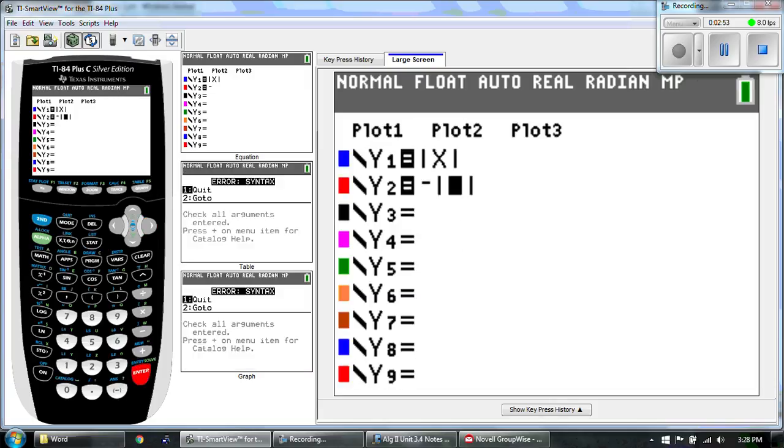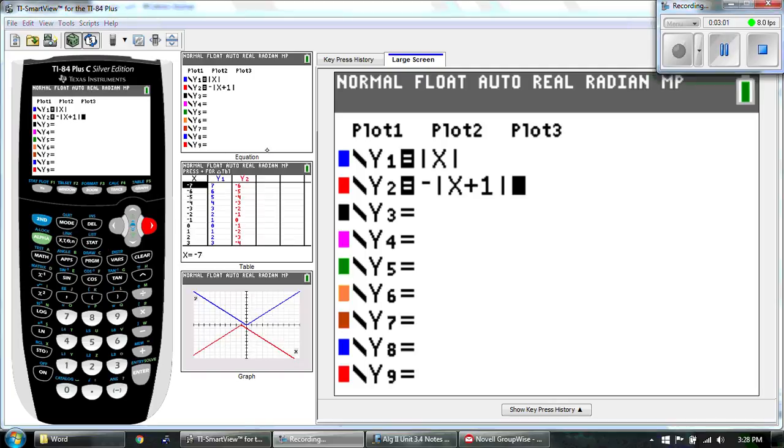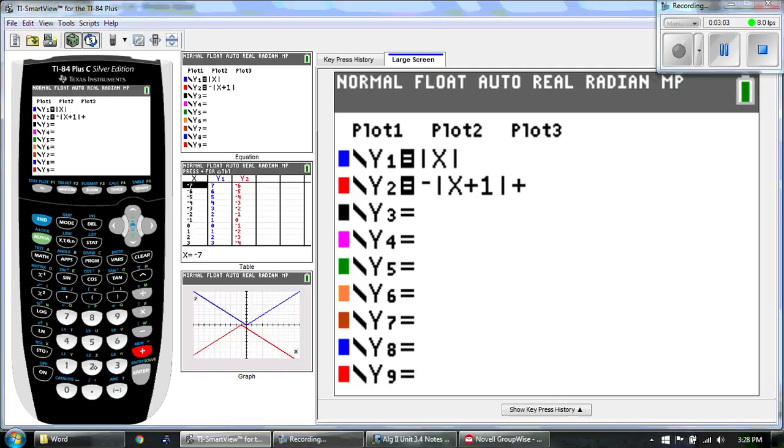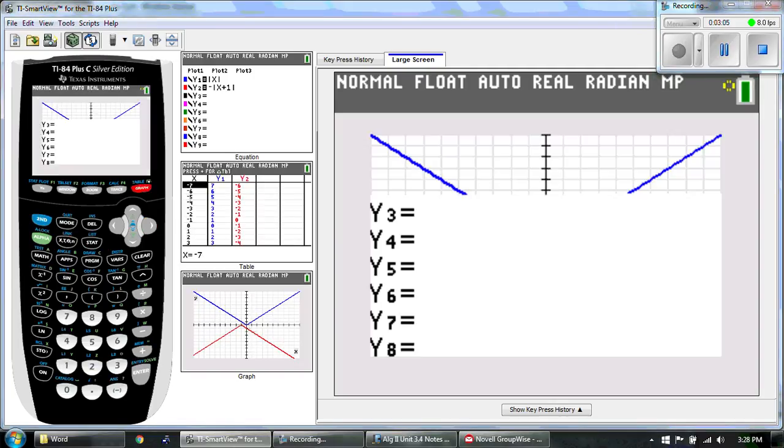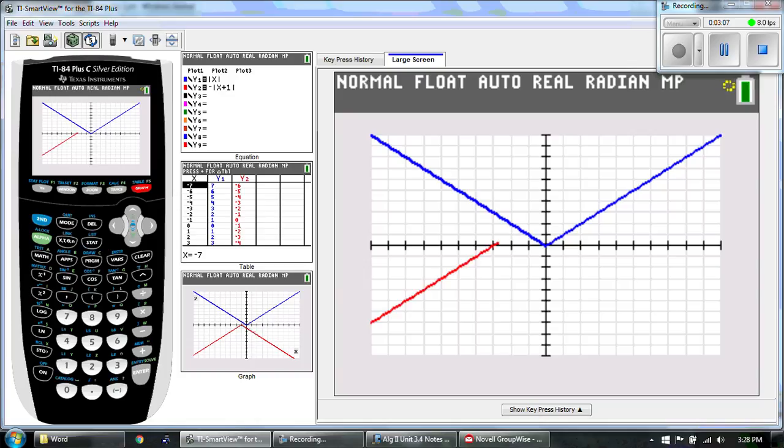On the inside, we have x plus 1. And then on the outside, we have plus 2. So when I graph that one, you guys already see it on yours, but that's what it looks like.